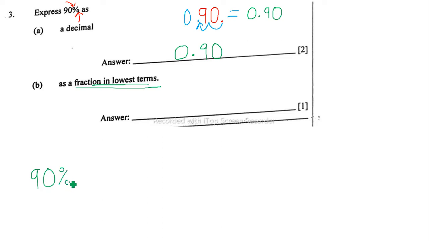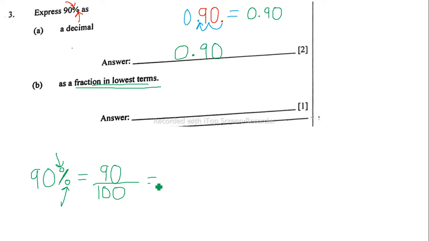The first thing you do is make the 90 your numerator. The number in front is always the numerator. The percentage sign reminds you that you're dealing with 100. So this bar you could think of as 1, and we place a 0 here and another 0 here. And so you basically have 90/100.